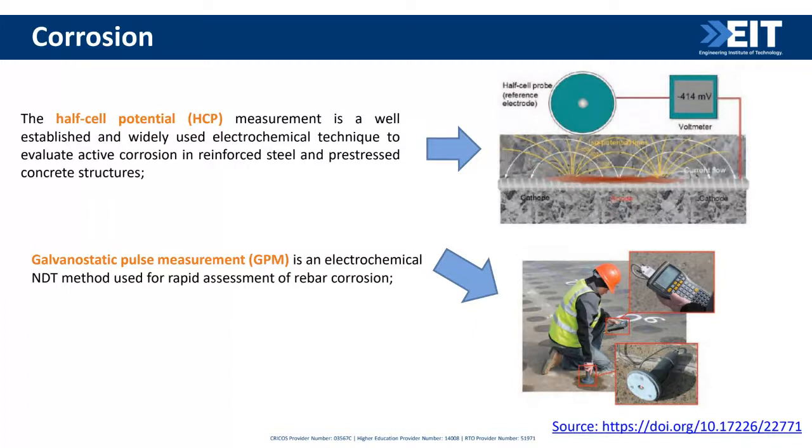This covers the same. Sometimes with the half cell potential, the measurement can be influenced if the concrete is wet, or, let's say, if you're working with polymer modified concrete. Depending on the concrete composition, it can influence the final result.